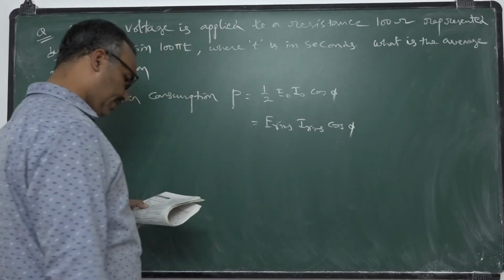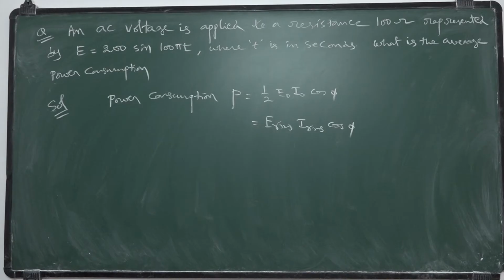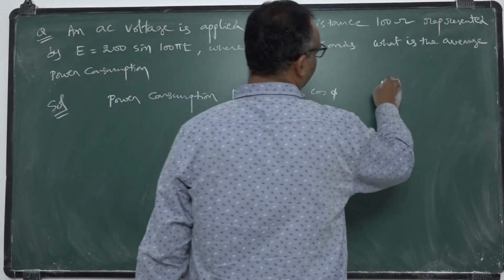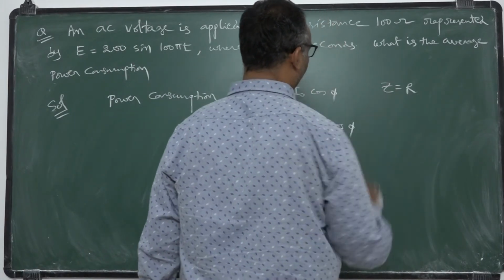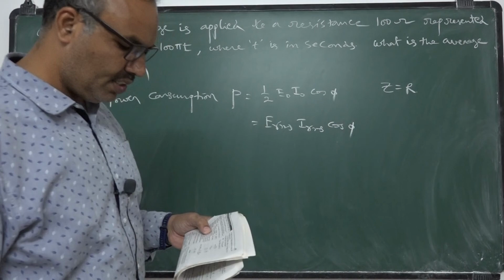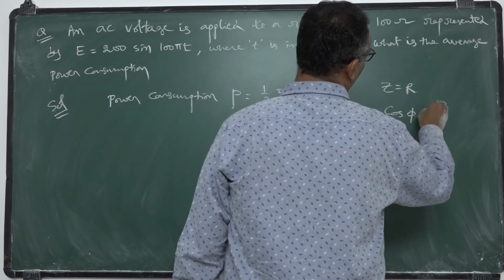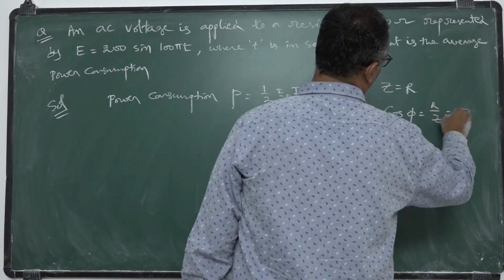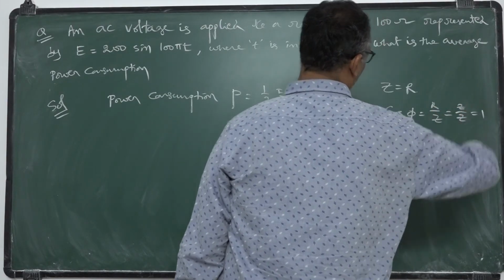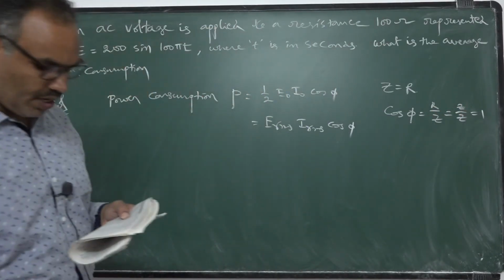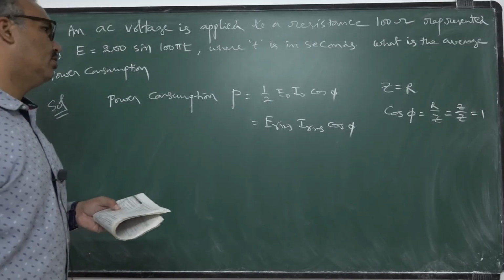We discussed this. Here it is a pure resistive circuit. So impedance is resistance itself. Hence cos phi is equal to R by Z, Z by Z, that is 1. We need not worry about this.